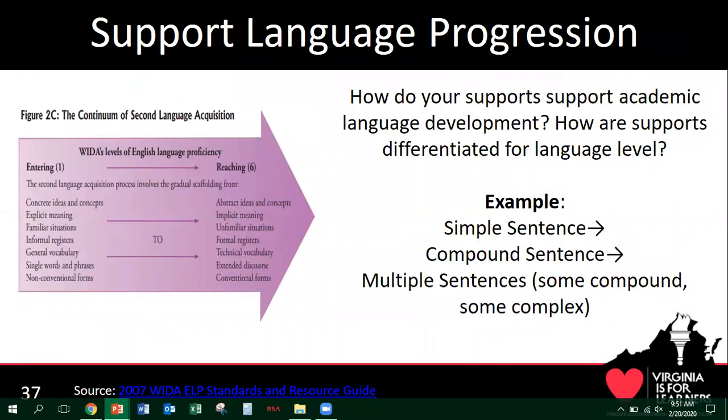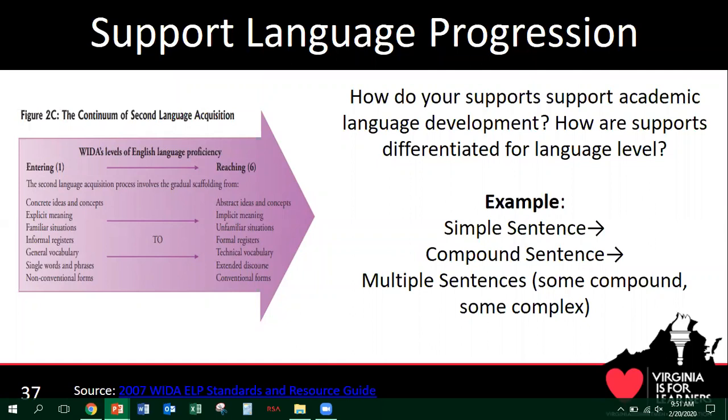I did want to bring something else up as you're thinking about creating those supports and frames, the idea of the second language continuum. Here, we know that we have students who are entering or just beginning their English language journey up until level 6, based on the rubric from WIDA, which is referenced here.